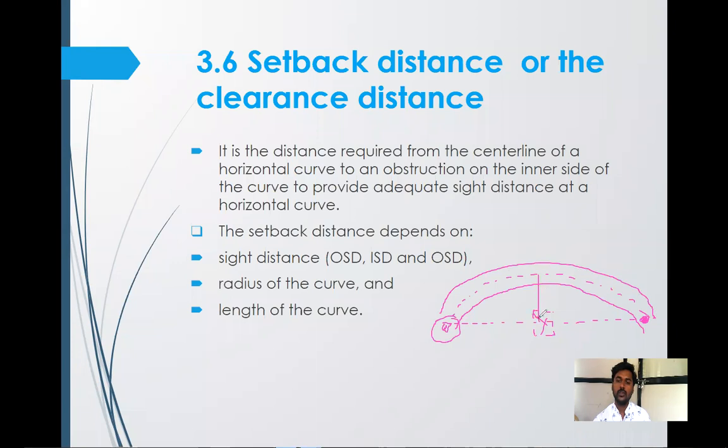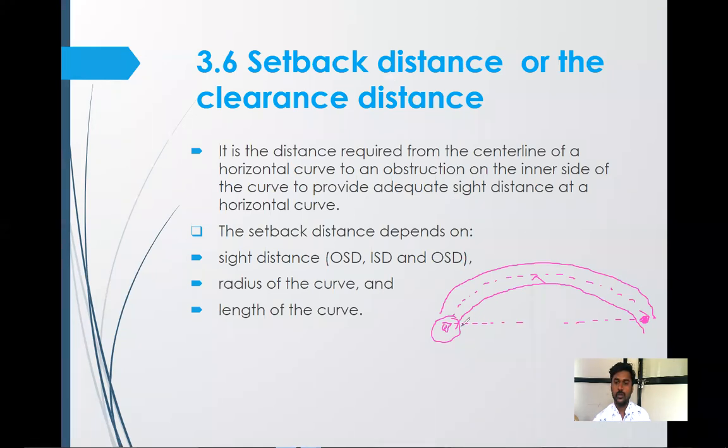So that any obstruction or construction which is constructed here at the inner side of the curve should be away from the side of that driver. I will repeat this.